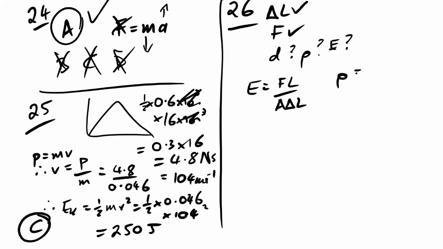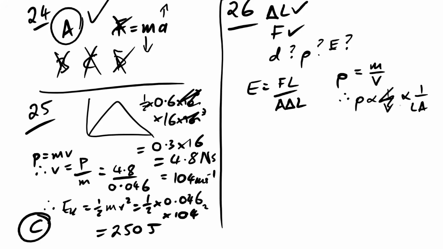Density is equal to mass divided by volume. We're told that mass is the same. Right, okay. So we can say that density is proportional to 1 over volume. Volume is proportional to length and area. So 1 over length times area.